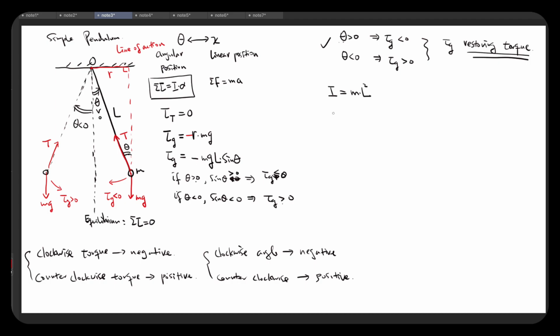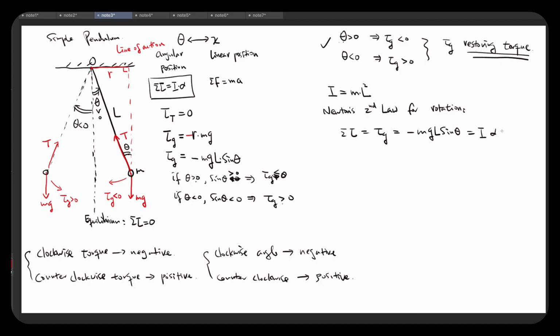Then we can say, according to Newton's second law for rotation, we have the net torque equals torque due to gravity equals negative mgL sine theta equals I alpha.